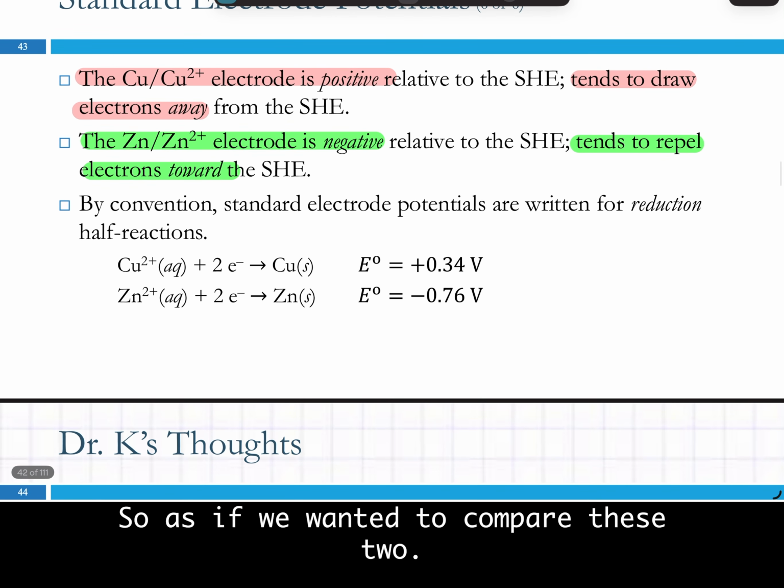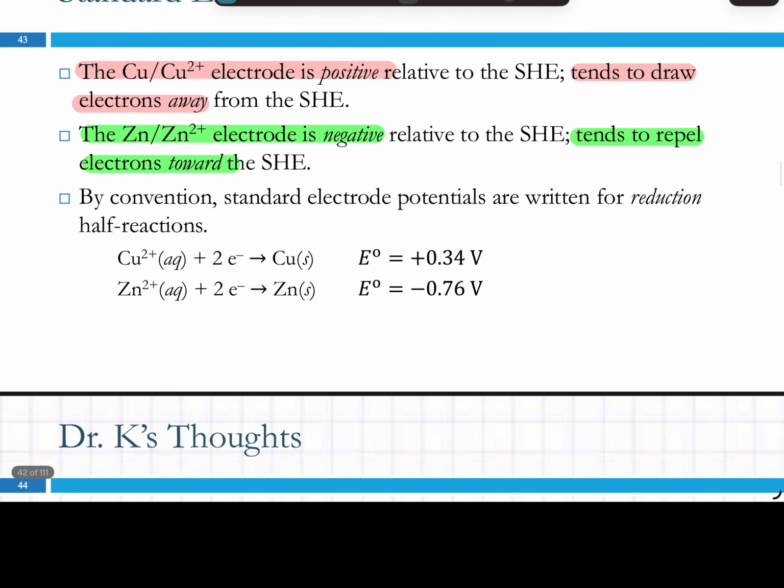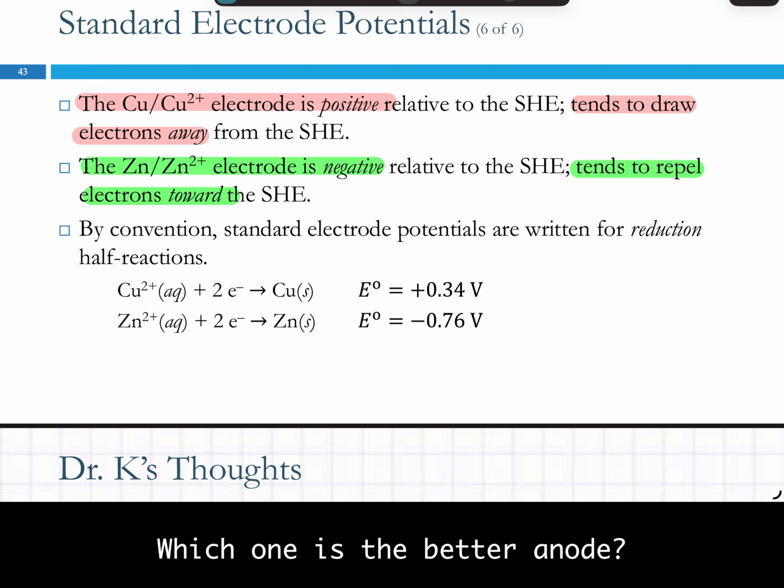So actually, if we wanted to compare these two, which one, copper or zinc, is the better anode?